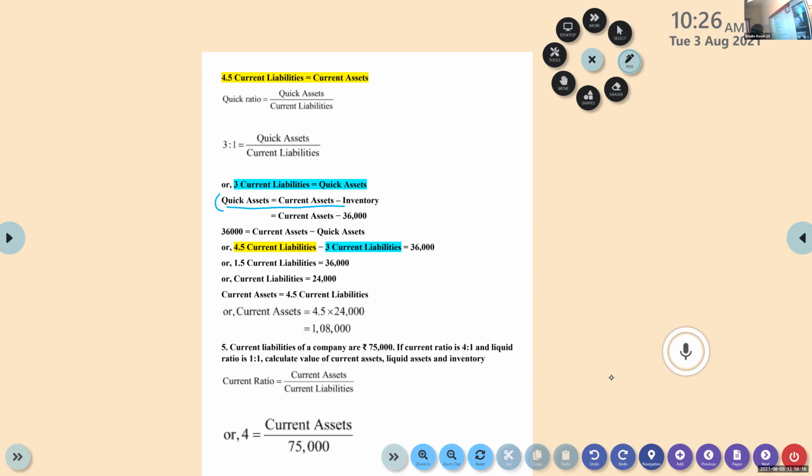So we are substituting the values in that equation. You get current liabilities. Then using that we can find the current asset. Is it over?